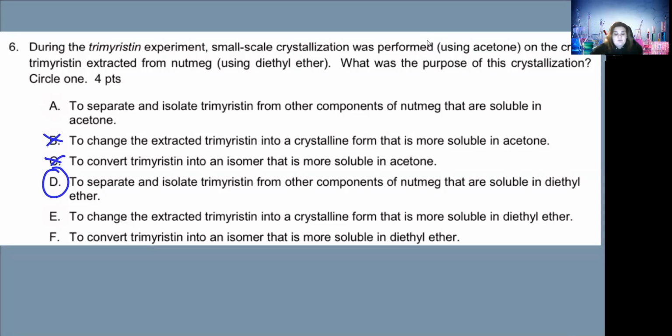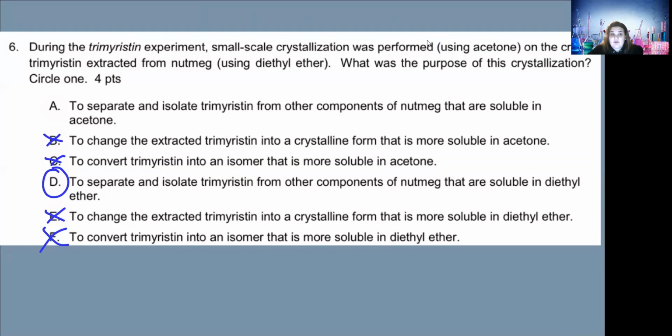And then looking at E, we want to change the extracted trimeristin into a crystallized form. No. And we don't want to convert trimeristin, right? We're not changing it. We're not converting it. We're just separating it completely, or as best as we can, from the other compounds of nutmeg that also dissolved in diethyl ether. Okay. All right. So that is everything that I have on small scale crystallization.